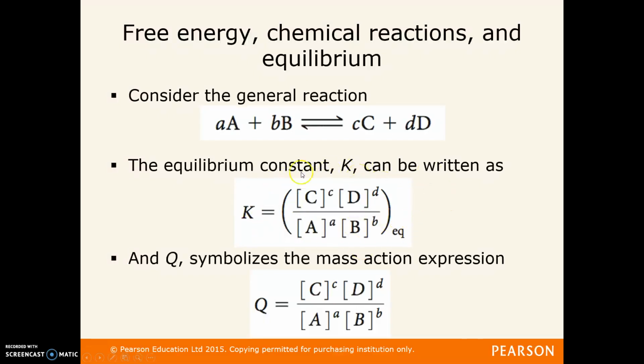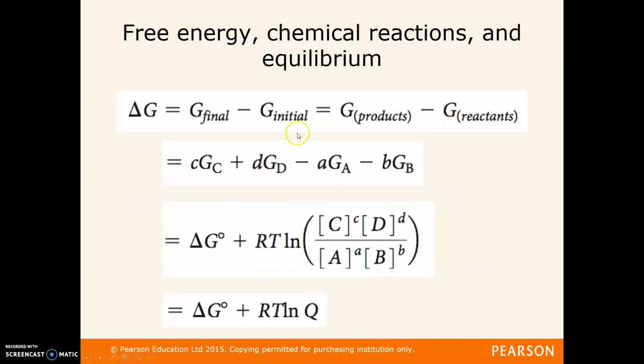That gives us our equilibrium constant. And that is utilized to glean certain pieces of information about a reaction. But what we need to consider is that if we start tweaking those conditions away from this equilibrium, then that can have a net effect as well.